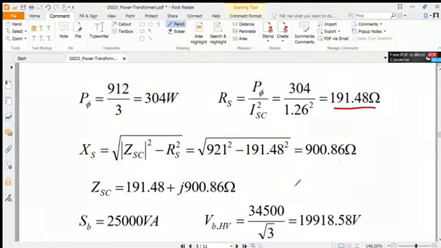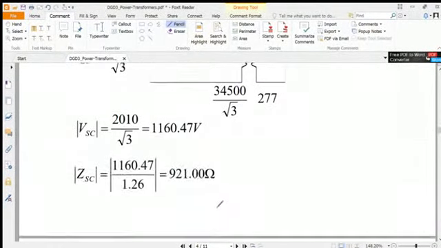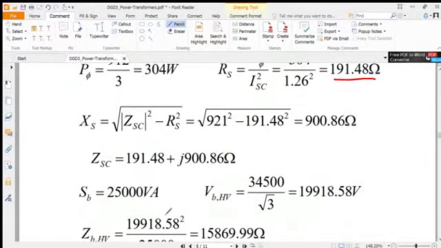So we got every value here. Z can be expressed as R plus jX, so here we got the value.